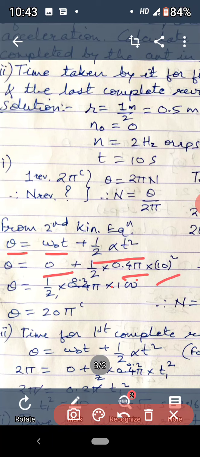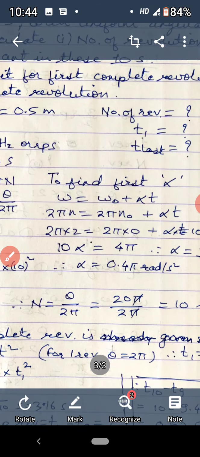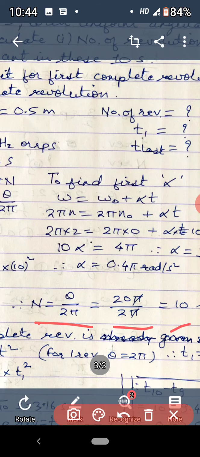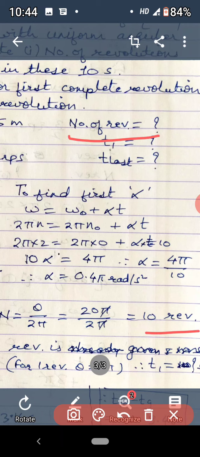If you solve this, we get theta as 20 pi radian. Once we get theta, we can find n using n is equal to theta upon 2 pi. So 20 pi upon 2 pi becomes equal to 10. So 10 revolutions is the first answer. Number of revolutions n is equal to 10.